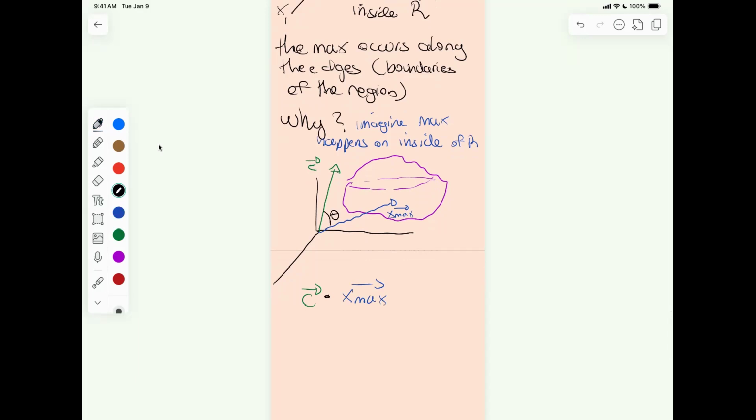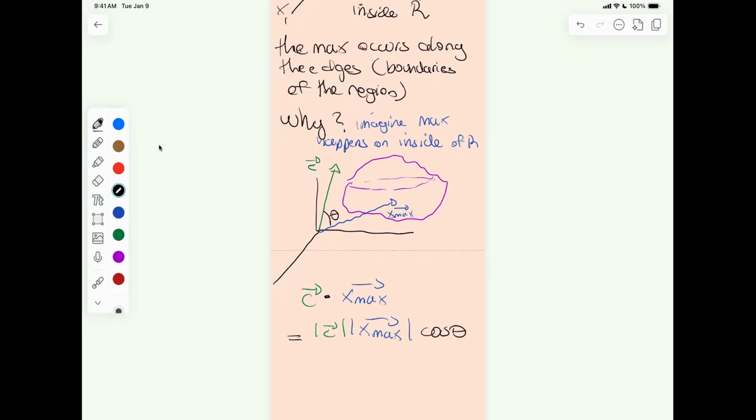Well, that is the product of the lengths of the vectors times the cosine of the angle. So far, so good, everyone with me?